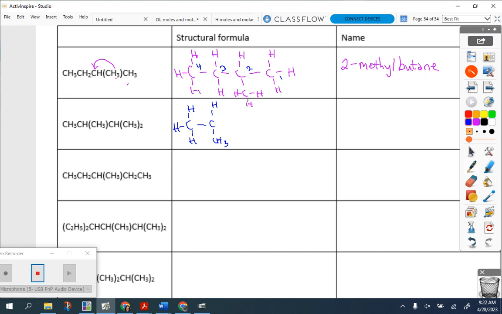So here's a methyl group on this one, and then I have CH, and then I have 2 CH3s. In this case, I can't have 2 CH3s in a row because that's too many hydrogens. The carbons aren't connecting to anything. So what that means is that I have a CH3 up here, and I have a CH3 down here. Okay?